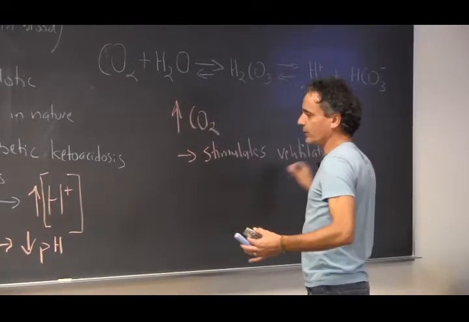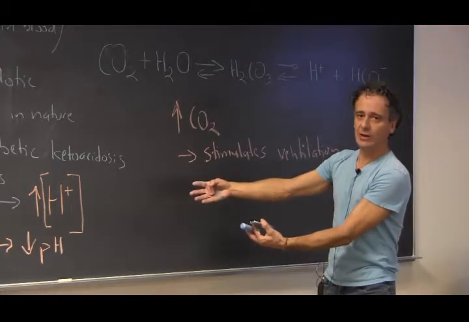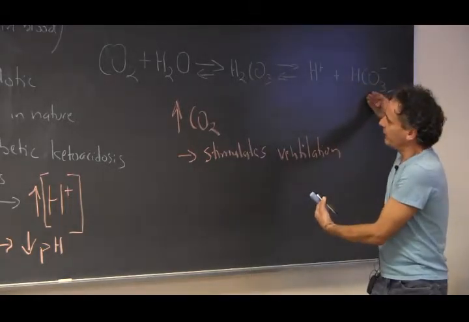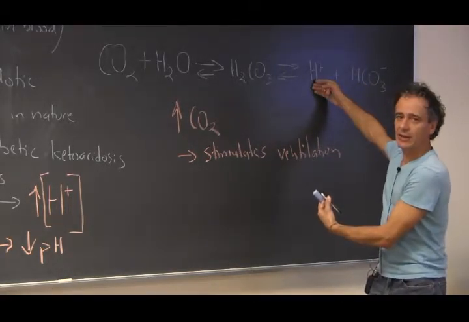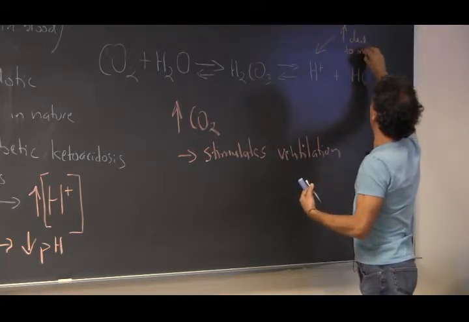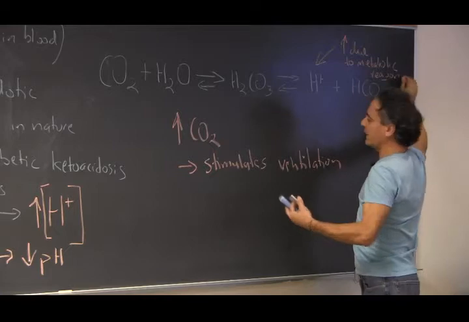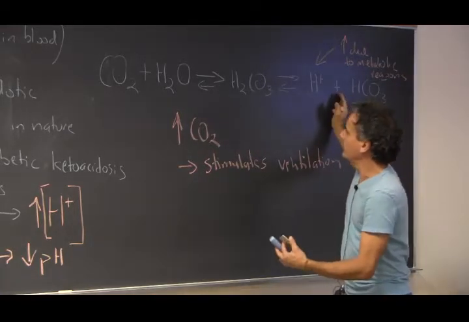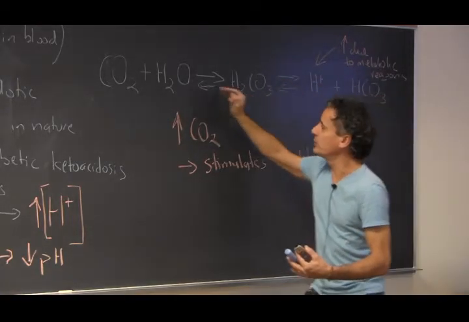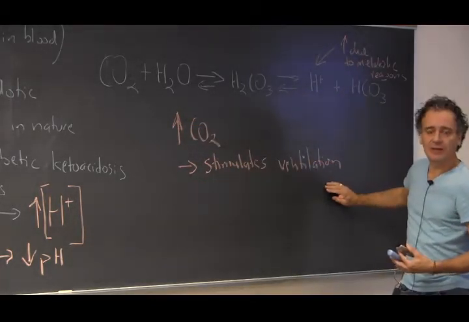So an individual going through this is basically going to compensate for the acidosis through the use of the respiratory system. In other words, we're going to take this extra acid that is produced due to metabolic reasons, in this case the ketoacidosis, combine the acid with the bicarb, generate carbonic acid, produce CO2 and water, and then you're going to blow out the CO2 because the CO2 stimulates ventilation.